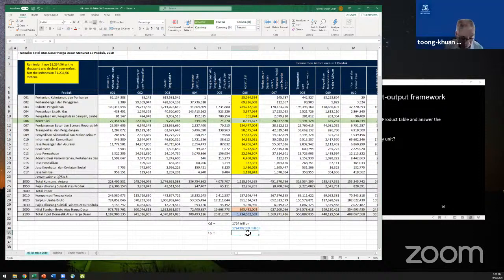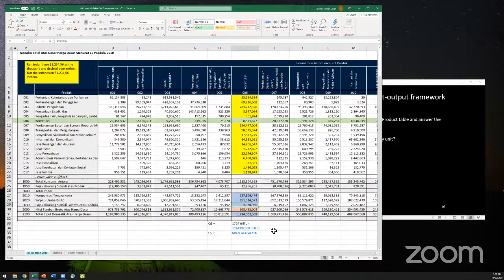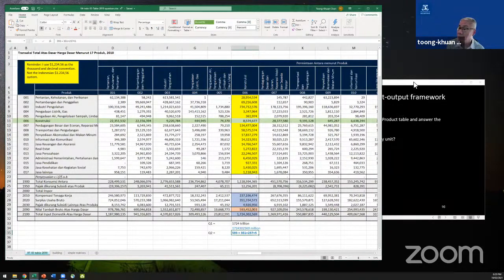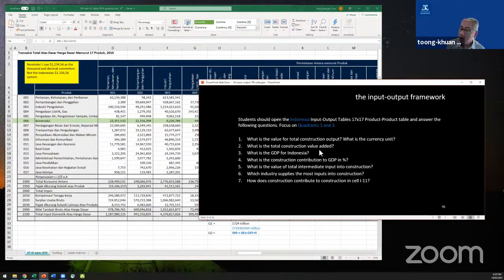Yes, that one. 593, which is equal to 351 plus kompensasi tenaga kerja 237 plus 5. You add those 3: 237, which is kompensasi tenaga kerja, 351 surplus usaha bruto, and then 4.9, which is pajak dikurang subsidi. So that gives you 593. All right, so that's total construction value add.